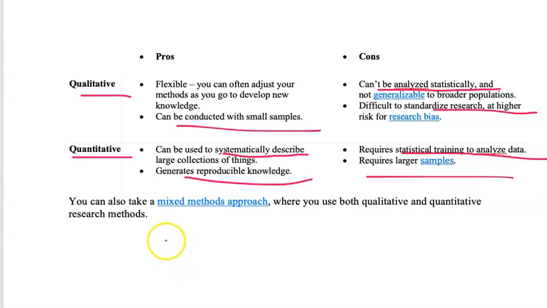You can also take a mixed method approach where you use both qualitative as well as quantitative methods to do your research. This is most common because sometimes we have to analyze different aspects and we get data. Some data might be qualitative, some might be quantitative.